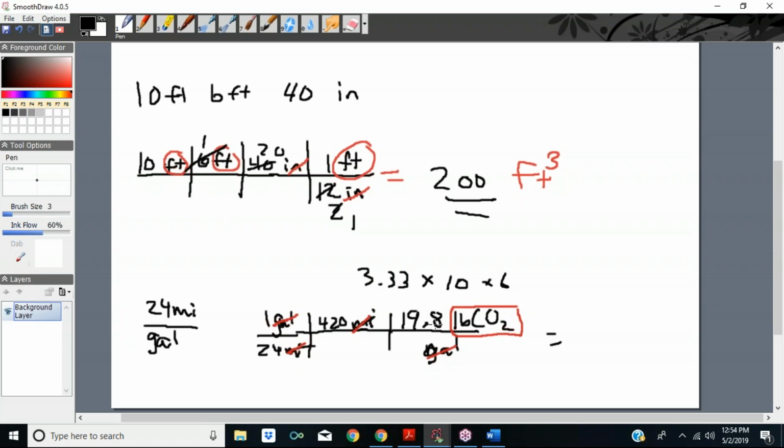So 420 times 19.8 and then divided by 24. And that's approximately 347 pounds of CO2, approximately.